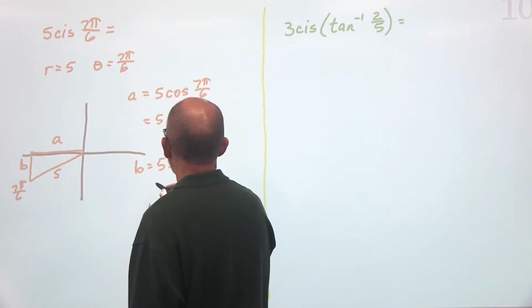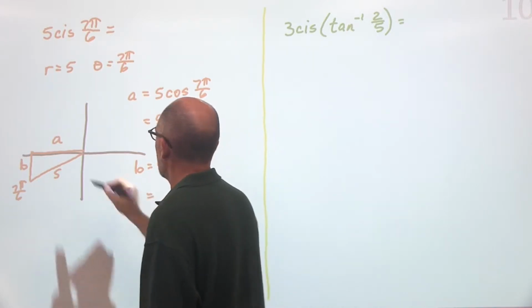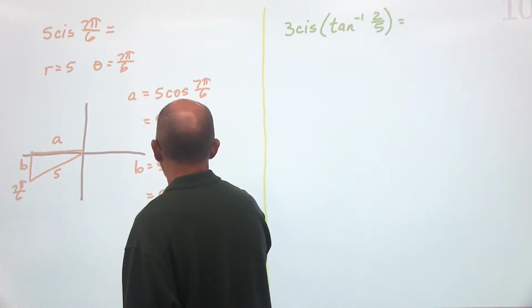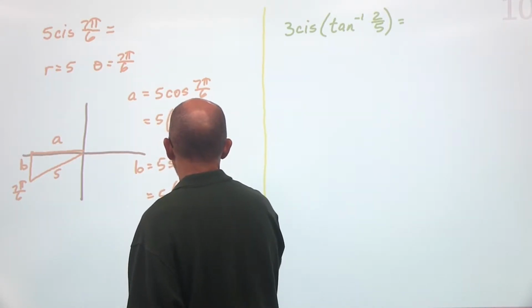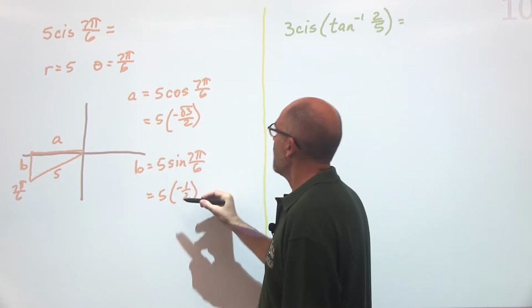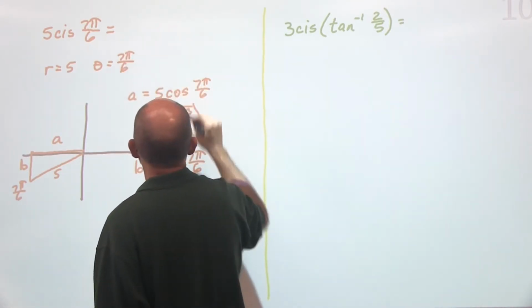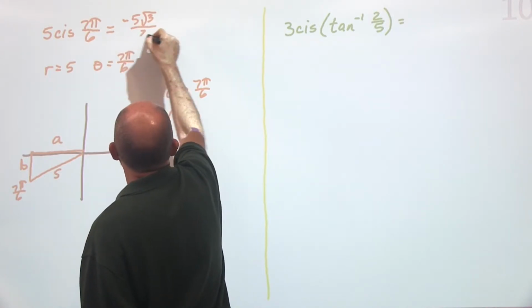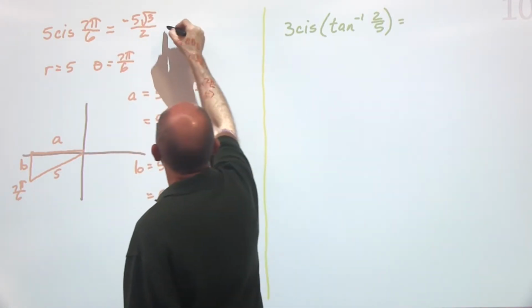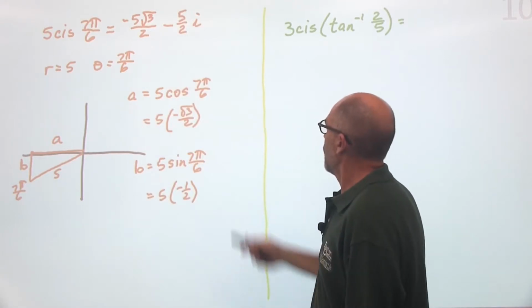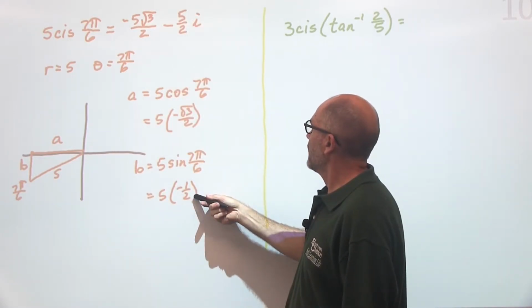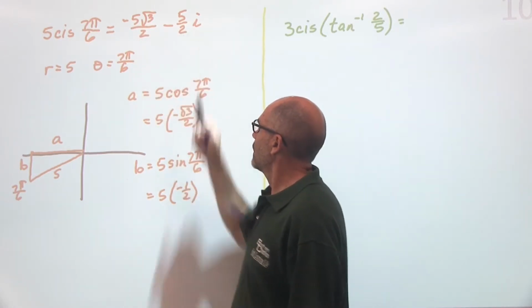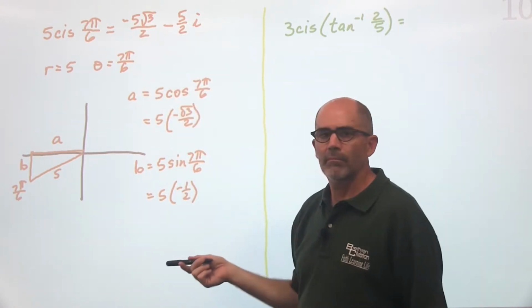And what is sine of this angle? Negative 1/2. So there's my A and B. So I make it A plus BI. And notice it's left and down. Piece of cake.